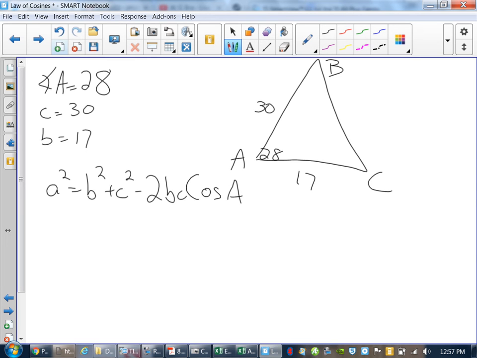You now have every piece of information to fill in the blanks on that whole equation on the right-hand side. You have all the info.